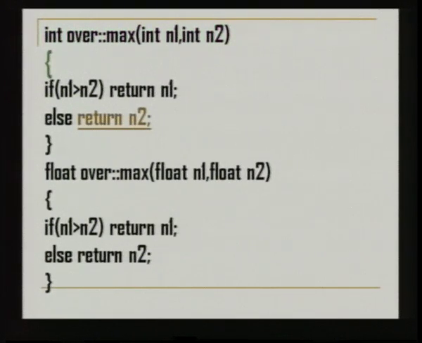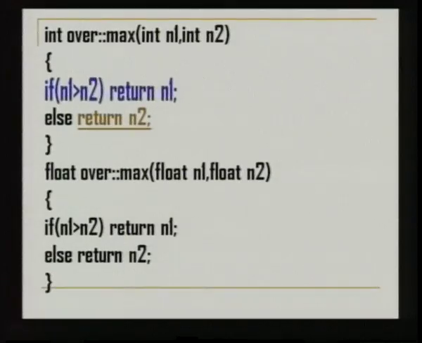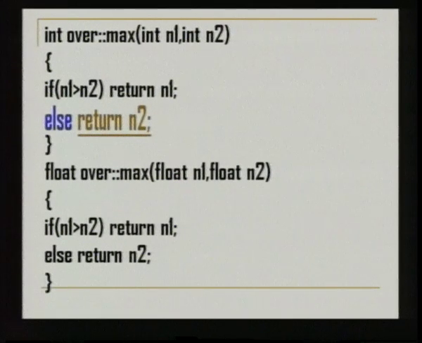You open the function using the curly brace, and here you try to find out, of 2 numbers, which number is the maximum. If n1 and n2 are the 2 numbers passed to this function, you check whether n1 is greater than n2. If n1 is greater, you return the value n1, and if n2 is greater, you give the else statement and return the value n2.